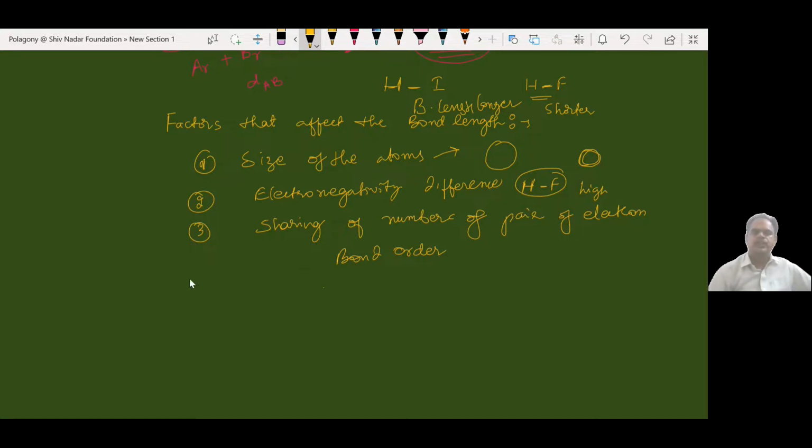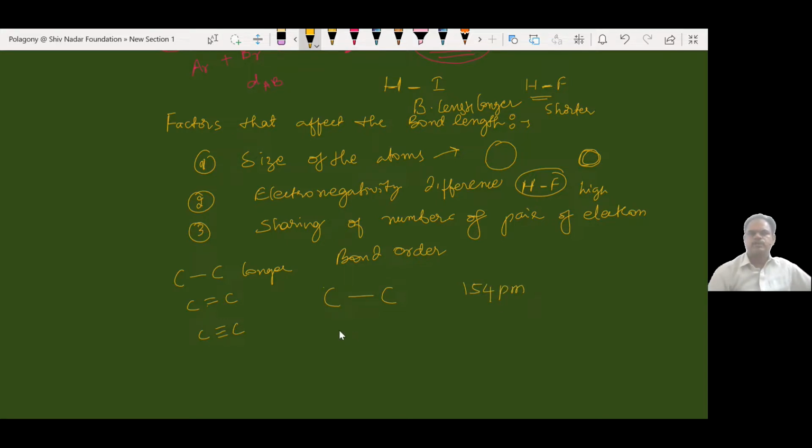And sharing of number of electron pairs: single bond length is longer than double bond, and double bond is longer than triple bond. Between carbon atoms, the single bond length is around 154 picometers, which is high.